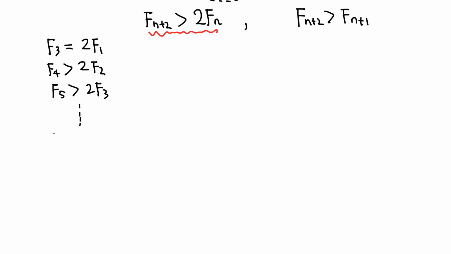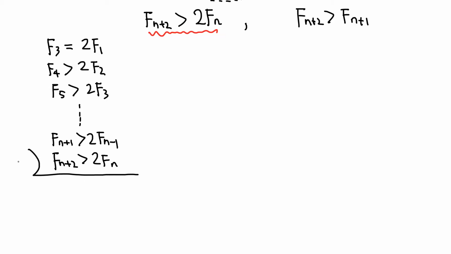It goes on and we have Fn+1 greater than 2Fn-1 and Fn+2 is greater than 2Fn. Right? What we're going to do next is multiply all of these terms, and since all of these terms are positive, multiplying all of them does not change the direction of the inequality sign.